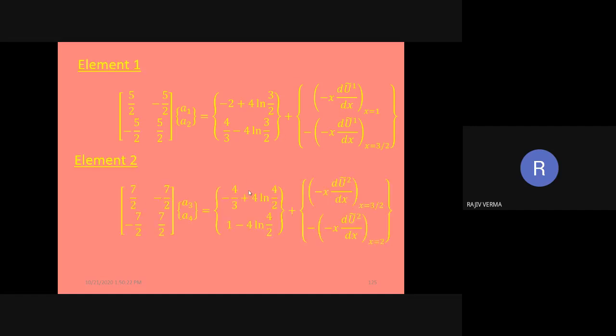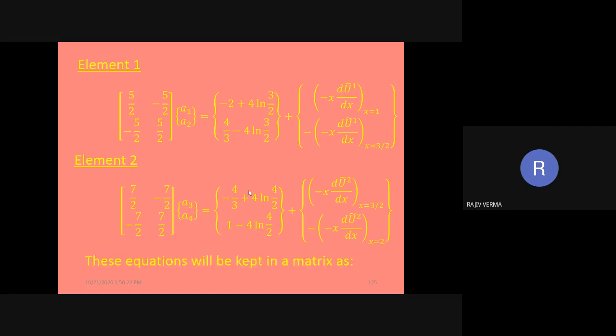Similarly, for element number 2, you have these two equations. Please notice that the boundary term appearing on the right hand side, which has to be evaluated at the three nodes, x equal to 1, x equal to 3 by 2 and x equal to 2, is appearing as it is. It has not been replaced by any numerical term.